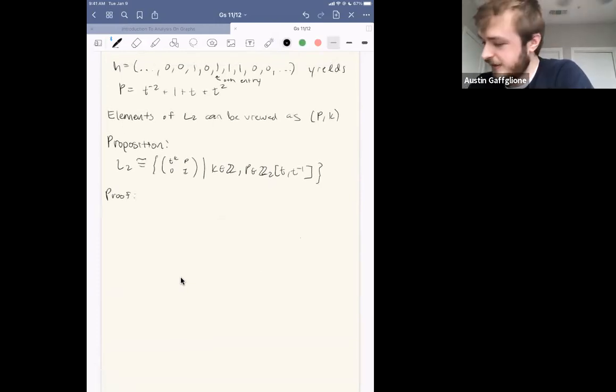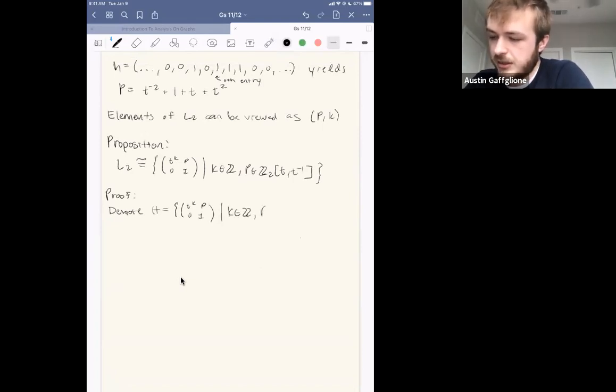So the construction of the map. If I denote H as this subgroup of matrices, t to the k, p, 0 and 1, where of course k is an integer and p is this particular polynomial, I define this map phi from L2 to H, where, in this case, I'm viewing elements from L2 as (h, k).